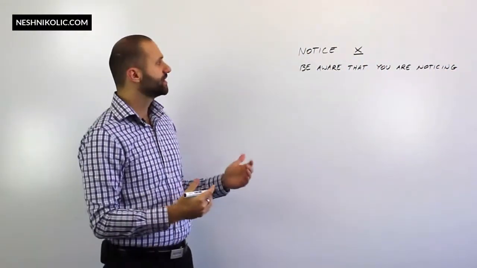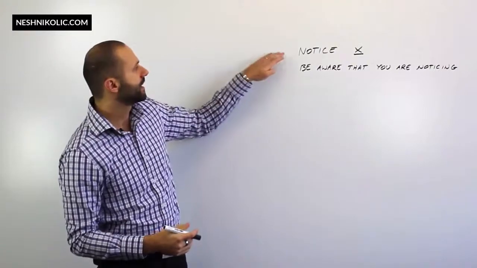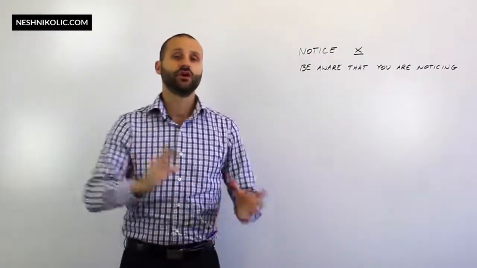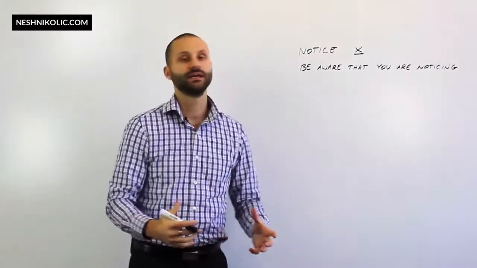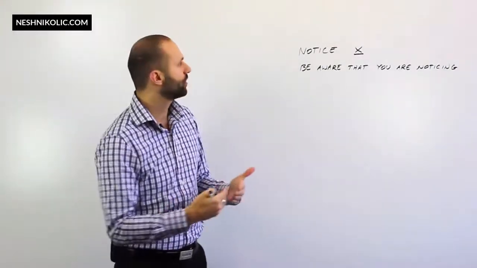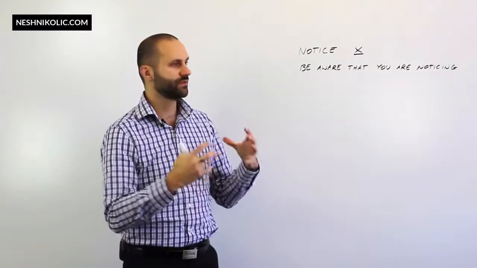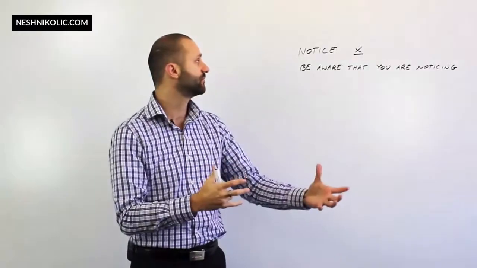Now, what actually occurs here is at the beginning, we're purely noticing an object. We're noticing an experience. We're noticing a sensation. So what's actually occurring here is we're making contact with the present moment.